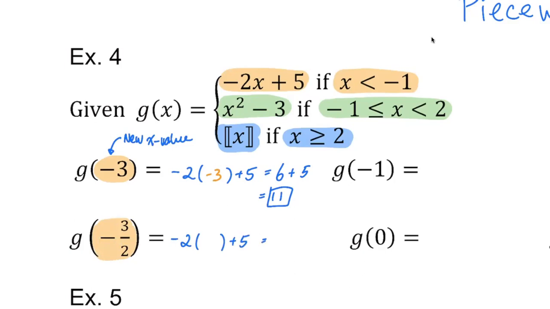It's very important that you can see what can be simplified right here. The 2 in the numerator and the 2 in the denominator can simplify each other. So for the first part, we just have negative 1 times negative 3, which is positive 3, plus 5. It's equal to 8.